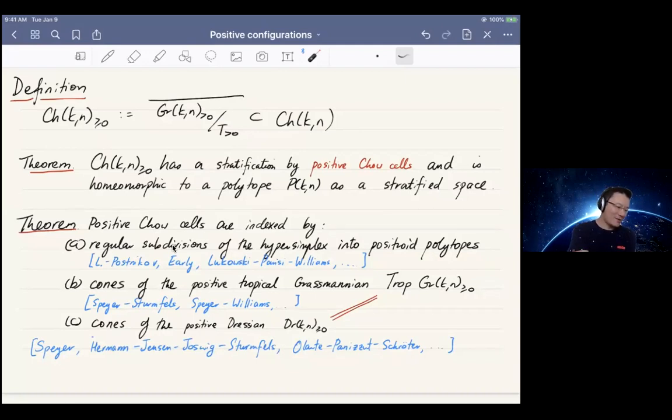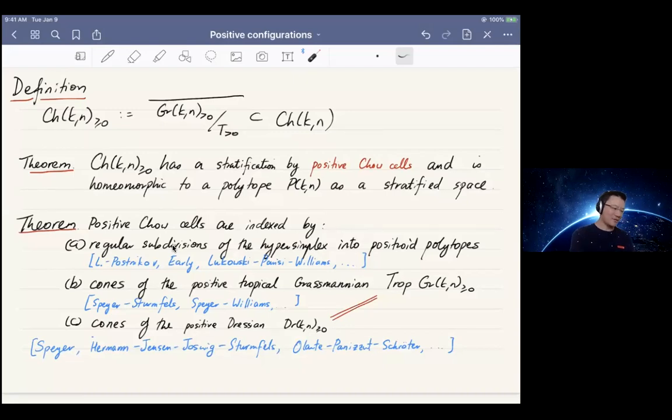Another way to describe it is as cones in something called the positive tropical Grassmannian. The next slide will give an explanation of this. The tropical Grassmannian was introduced by Speyer and Sturmfels, and the positive tropical Grassmannian was studied by Speyer and Williams.